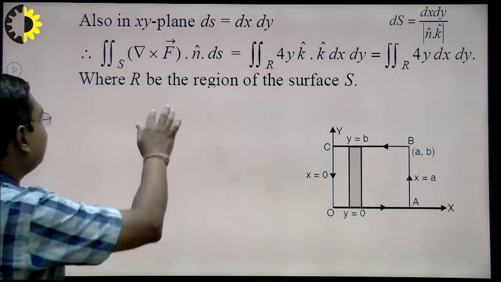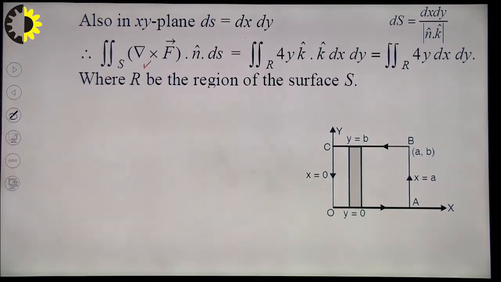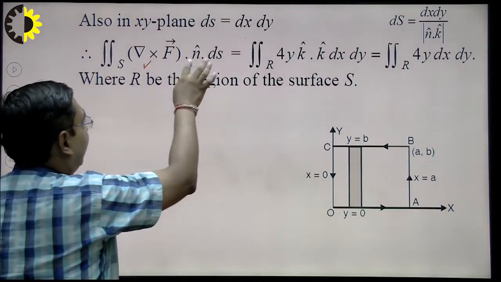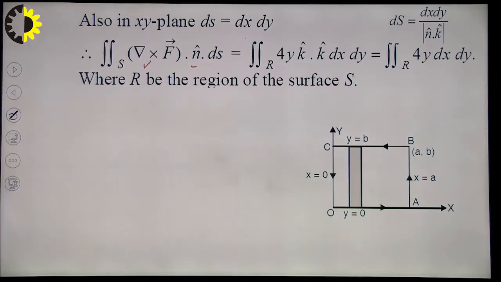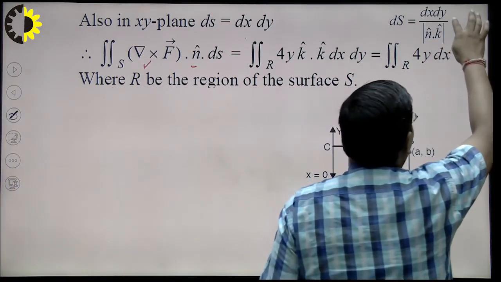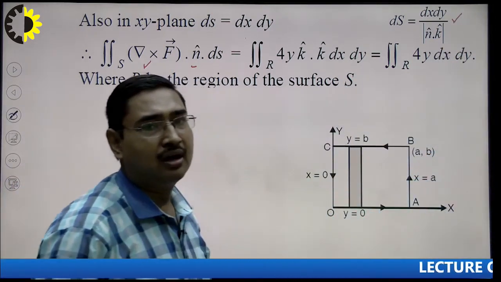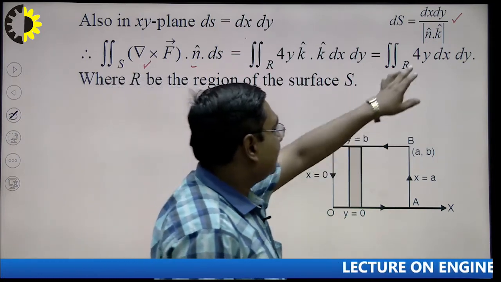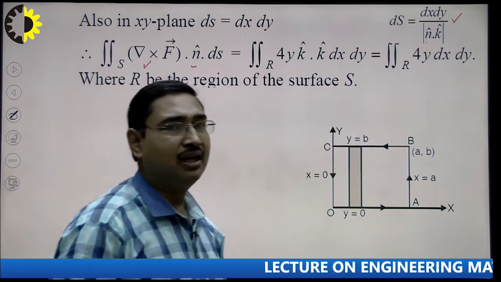Now, this del cross f is calculated. We have seen n cap is equal to k cap. So, this expression will now be written, because ds was dx dy upon mod n dot k cap. This n cap is nothing but k cap.